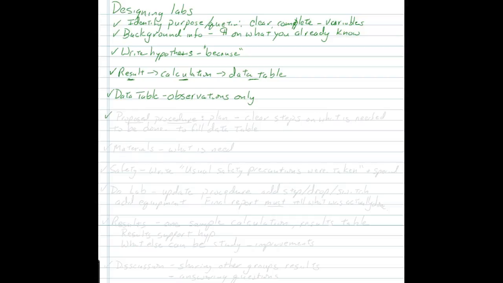Write a proposed procedure. This is your plan. You got to come in with a plan. Clearly identify the steps needed on how you get the data to fill in the data table. So on a proposed procedure, it's an idea, it's a plan.